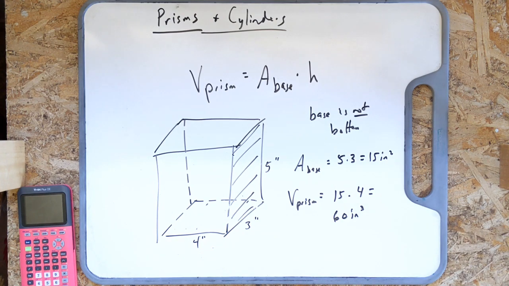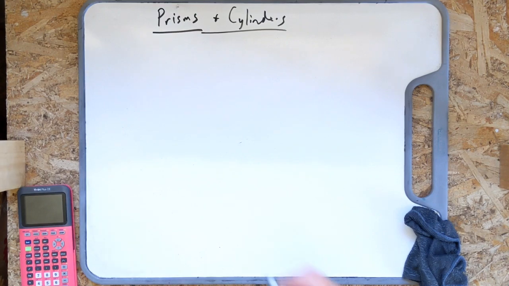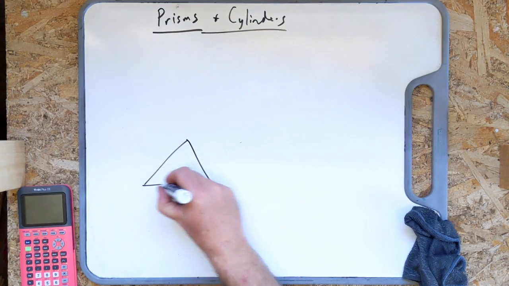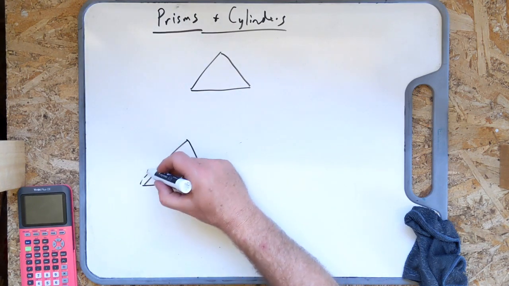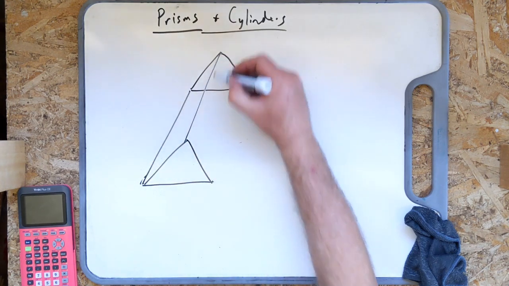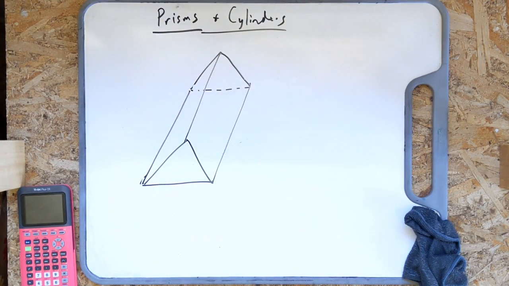However, if I have a little trickier problem, let me erase this and make a triangular prism. We did this one back when we were doing surface area. There we go. Looks like a little tent.